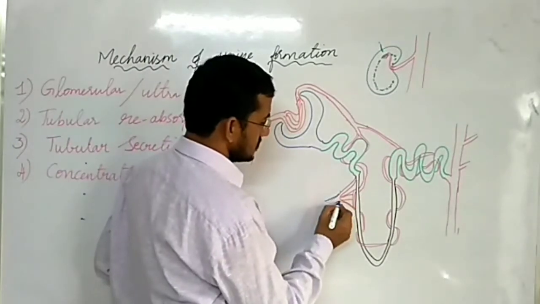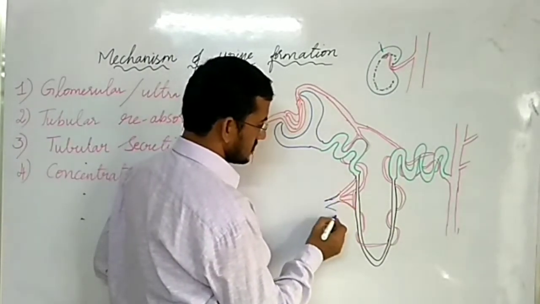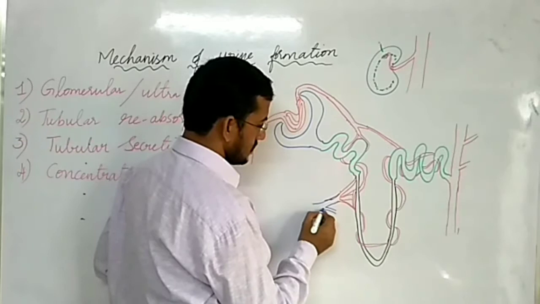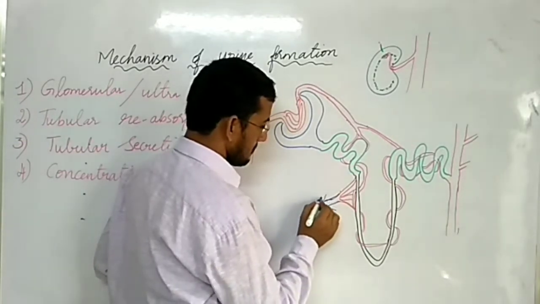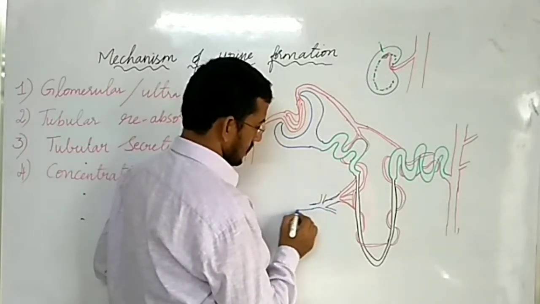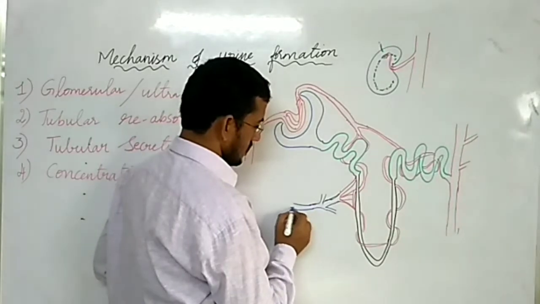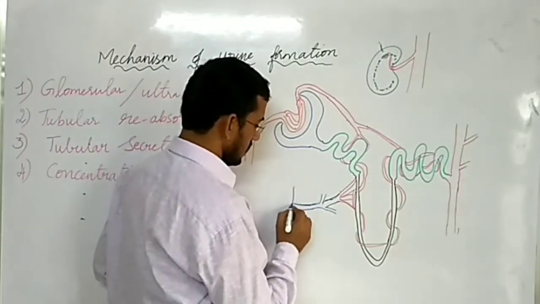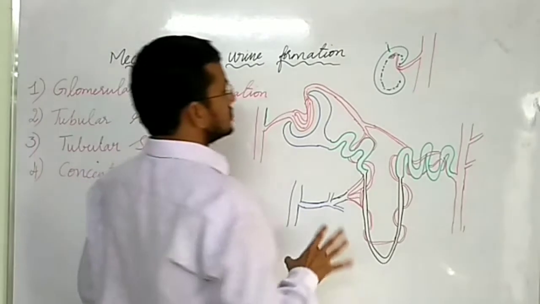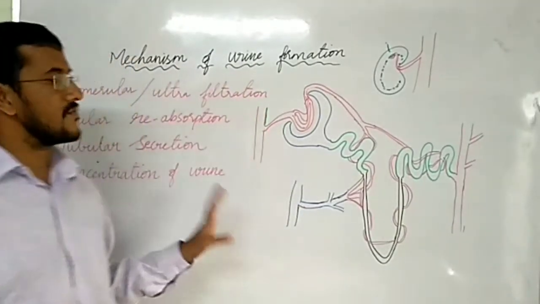Many venules join to give the renal vein. So this is the structure of the nephron, we already know.